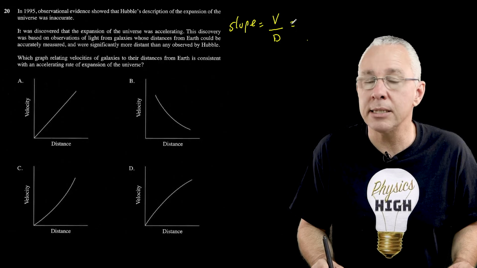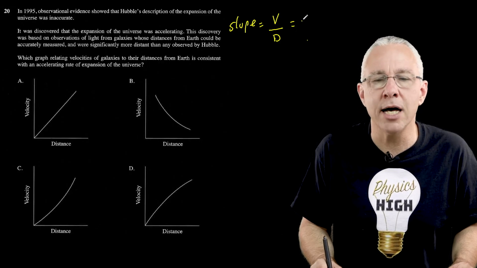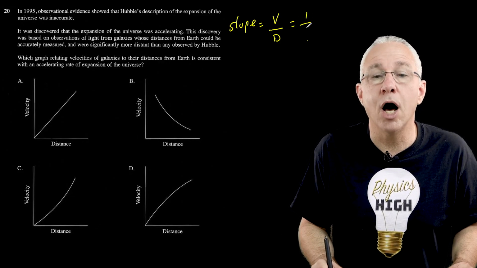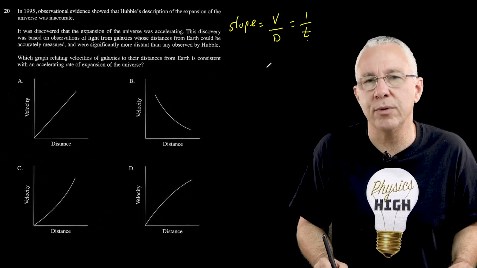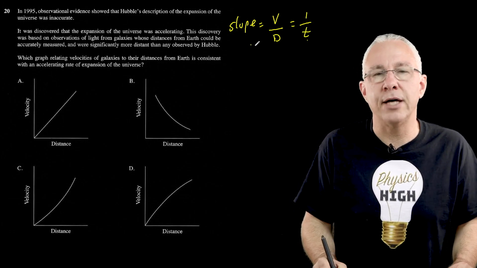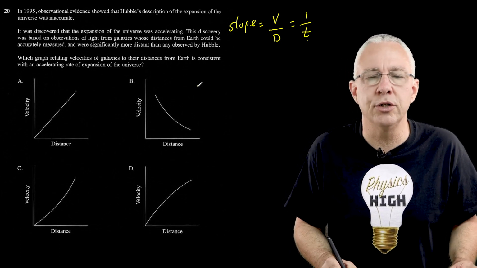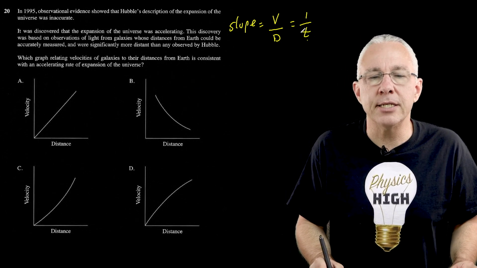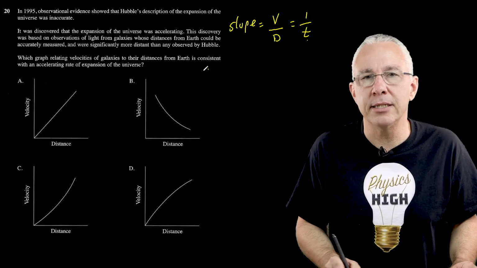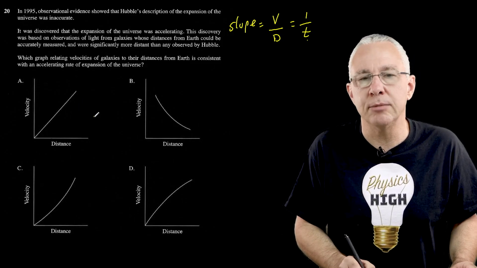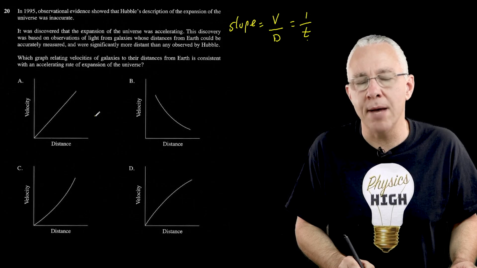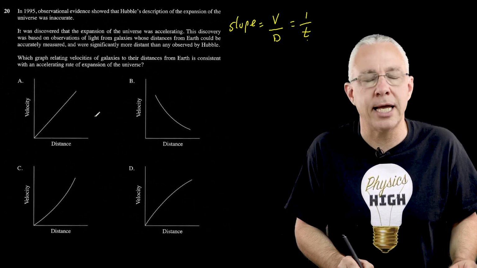Now, since distance over velocity is time, this is 1 over the time. And as a result, if we invert the value here, we can get a determination of the approximate age of the universe. But the point here is that it means that the distance any galaxies move within the same time frame is going to be exactly the same.